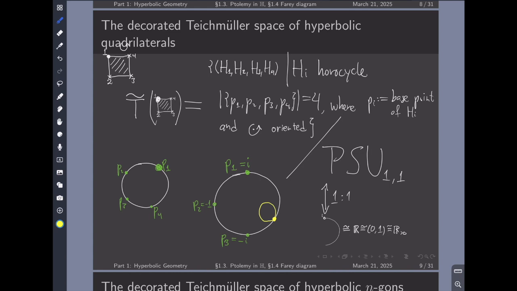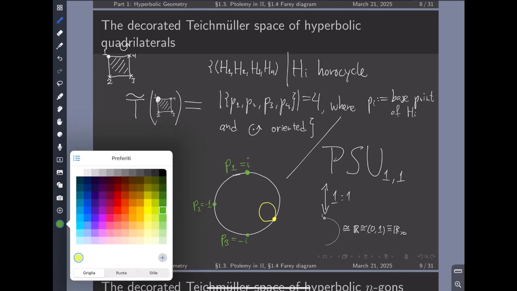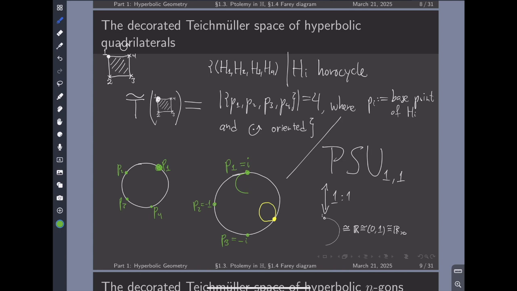So now let me write in green. I'm also drawing them not intersecting, just so that the picture doesn't become so ugly. But you see, given my 4-tuple, the fact that I want to send the first base point here, the second here, and the third here determines already the image of the 4 horocycles.